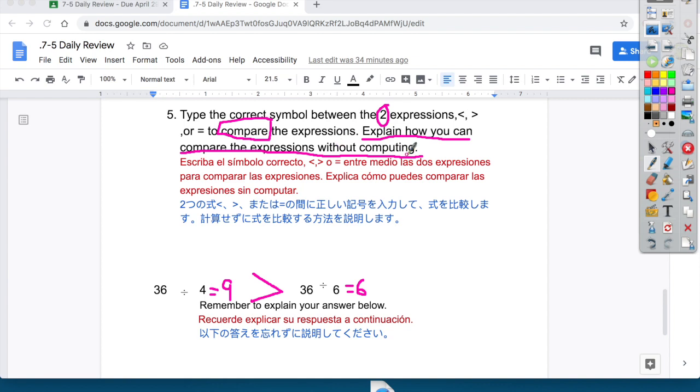It asks, explain how you can compare the expressions without computing. You can compare the expressions without computing because if you have 36 and you divide it by 4, you're going to have more pieces.